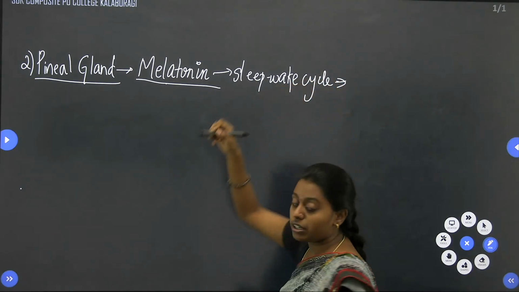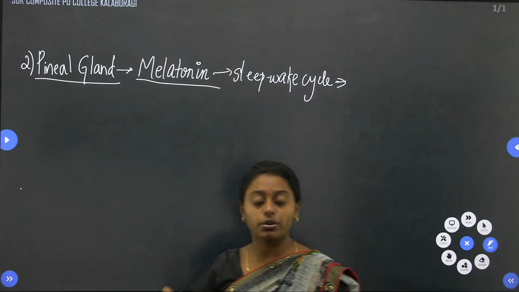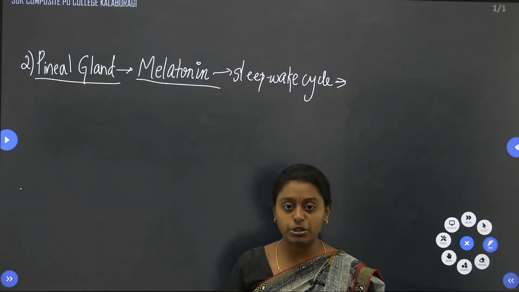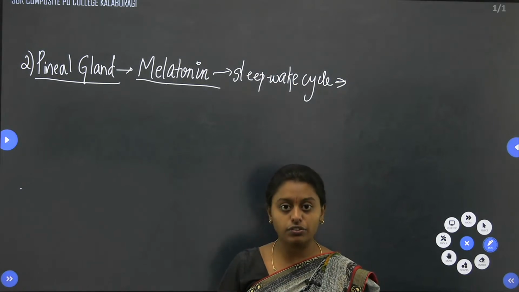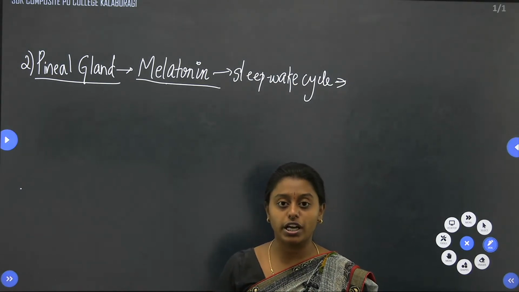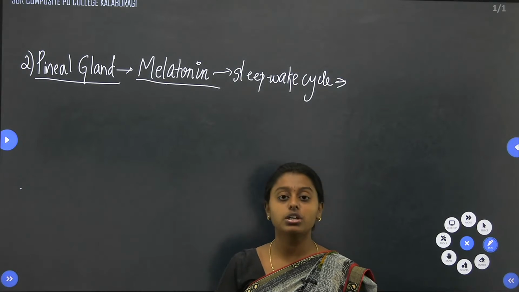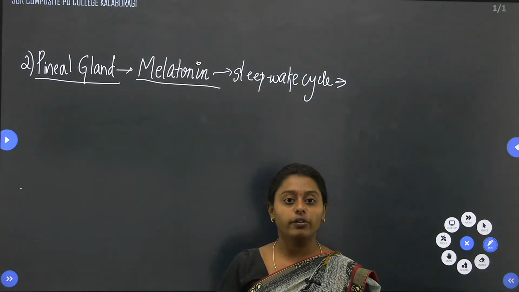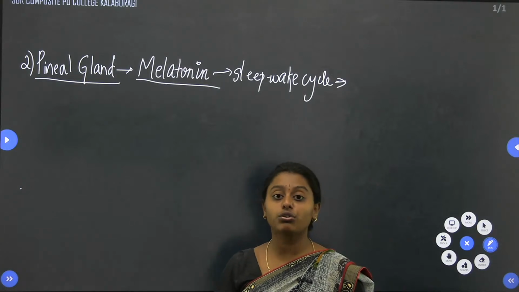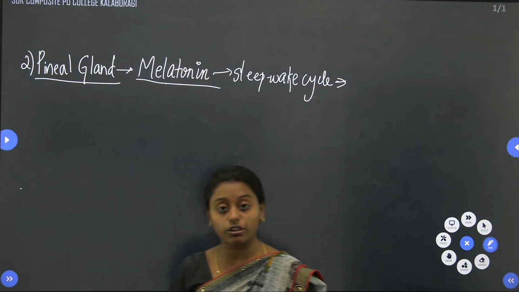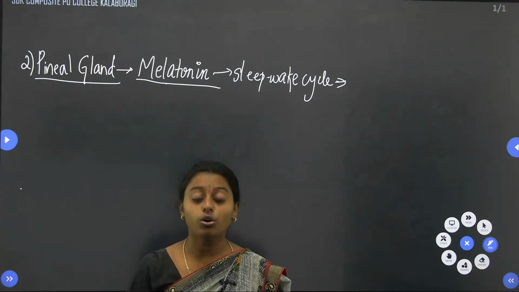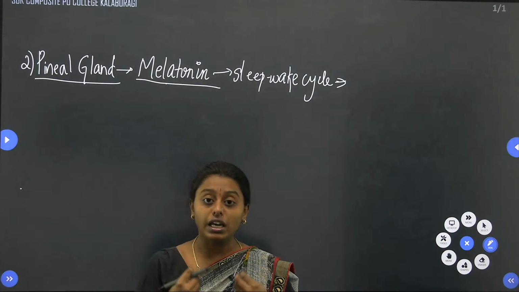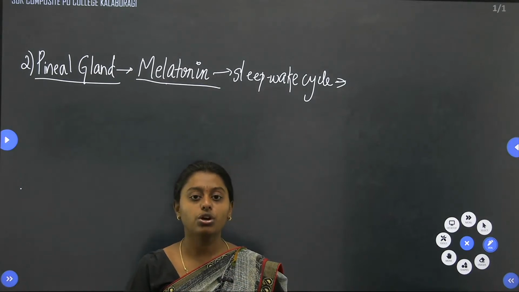So the cycle which is maintained by an individual to sleep at 9 p.m. and get up at 6 a.m. in the morning is well regulated along with different types of physiological activities, such as digestion, respiration, pumping of the blood by the heart, or excretion or filtration of the blood by the kidneys or the nephrons during the night time or the sleeping condition, increase in the body temperature, and alertness within an individual.